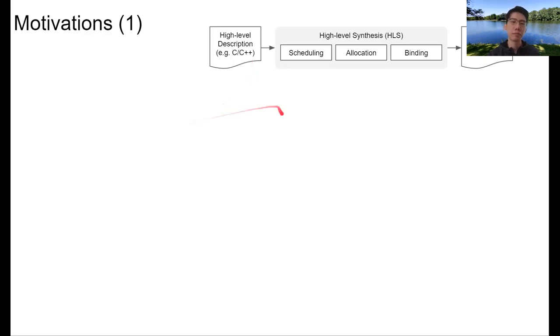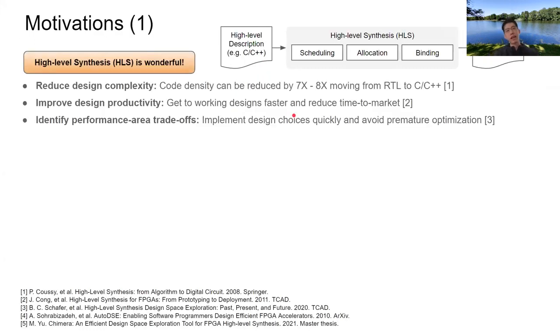Studies have shown that HLS synthesis provides many advantages. For example, the first one is that it can significantly reduce the complexity of the design. It has been shown that the code density can be reduced by 7x to 8x by moving from RTL to C or C++.